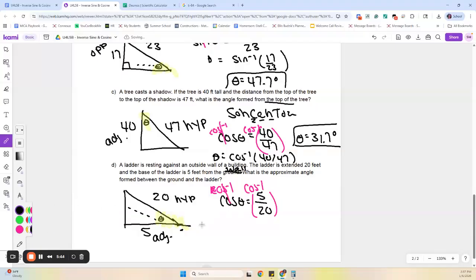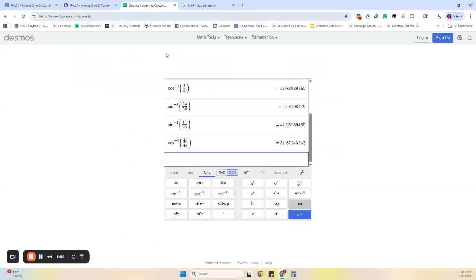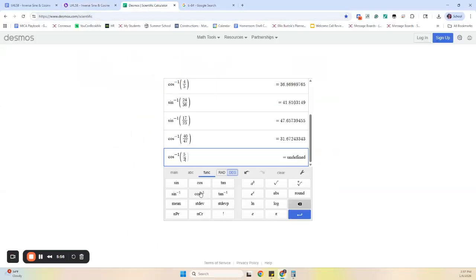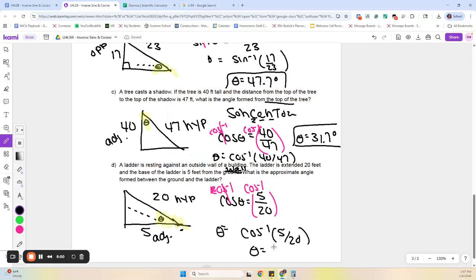And then we're left with theta equals our cos inverse of 5 over 20, which is going to give us, let's see, cos inverse of 5 over 20 is 75.5. And that would be our angle.